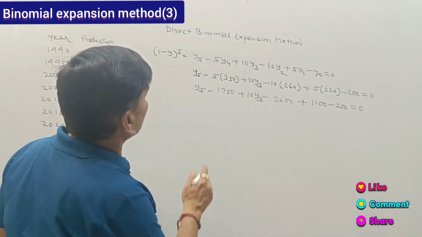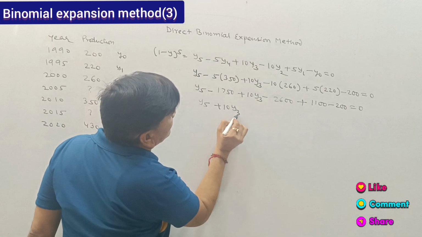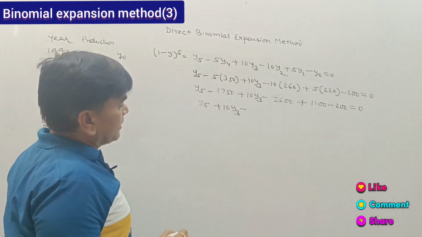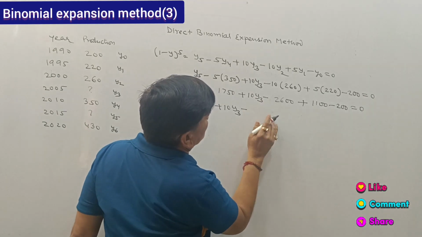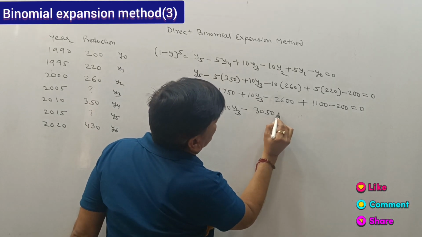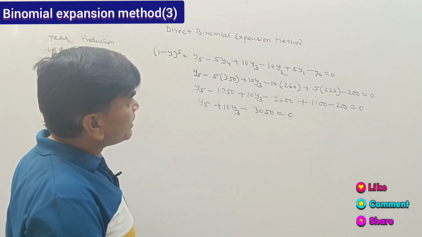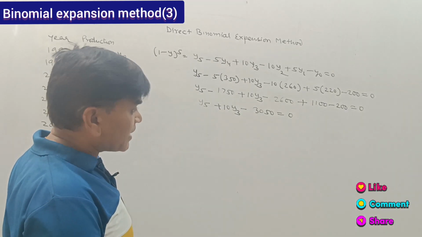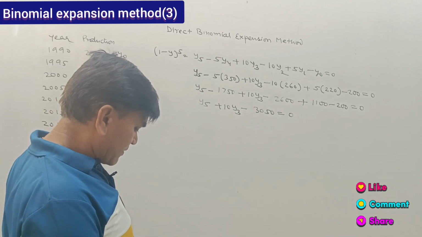So y5 plus 10y3, and 1750 is a minus value, 2600 is a minus value, 1100 is a plus value and 200 is a minus value.